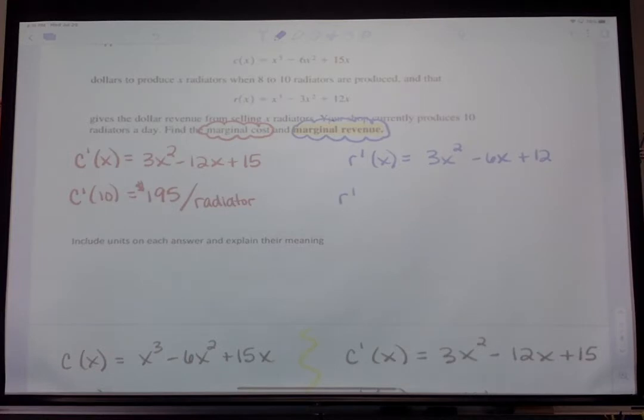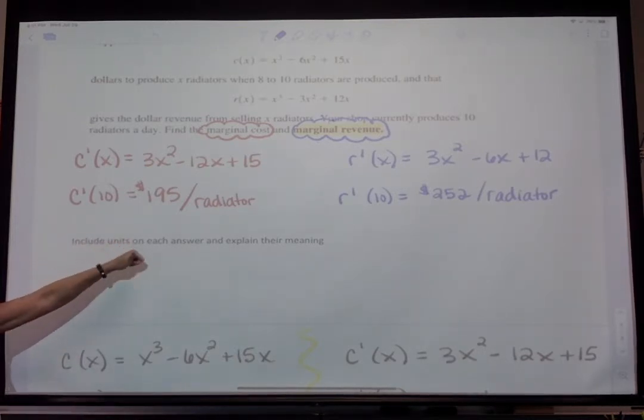And R prime at 10 radiators is $252 per radiator. Okay. Include units on each answer. I did that. Explain their meaning.